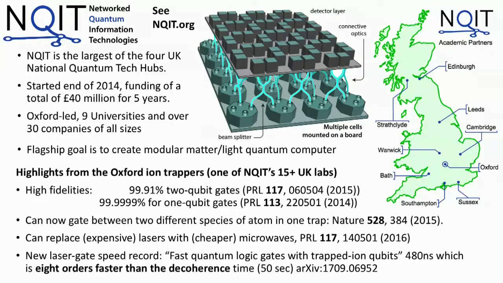Also, we can apply gates between 2 different species of atoms in one trap, using very cheap microwaves. And quite recently, they also achieved very fast operations. Now the operation time is 8 orders of magnitude faster than the decoherence time. So please don't ask questions about these slides. I don't know. If you want to know more, please visit NQIT or ask Simon.